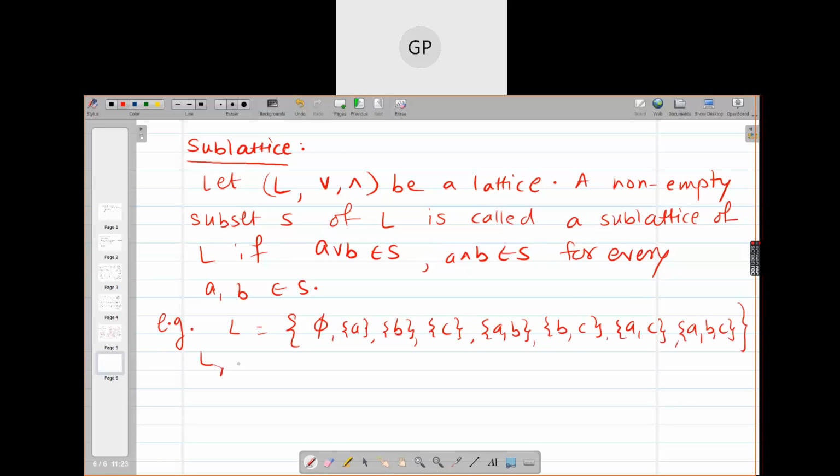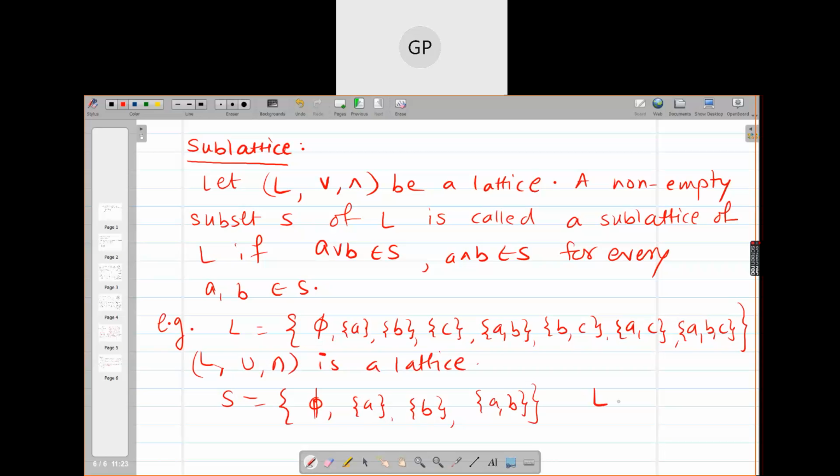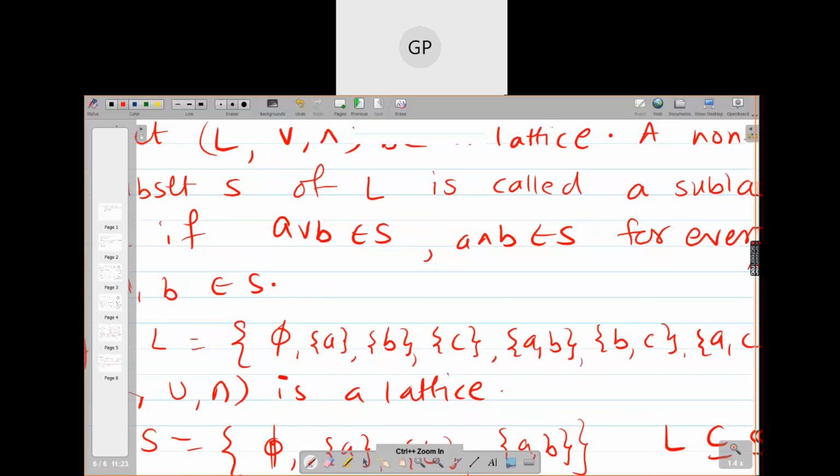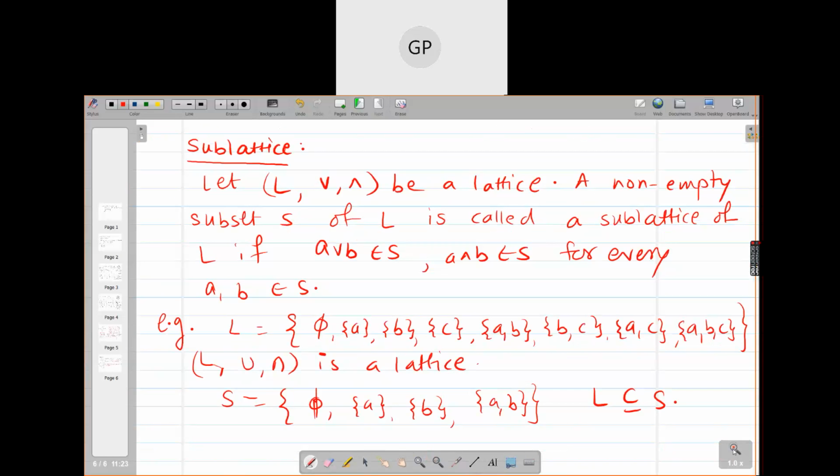So L is a lattice. L with union and intersection is a lattice, right? I know this. Now I'm taking S as a subset. What I'm choosing is what we saw in the previous example: phi, A, B and AB. So can you tell me S is a subset of L? Yes, S is a subset of L, right?